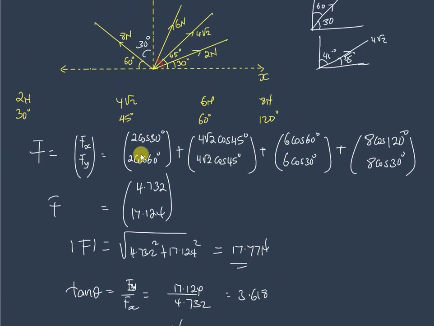I got this solution using the definition of a component of force: that a component of a force along a given direction is the product of the force and the cosine of the angle between the line of action of the force and the direction which is desired.